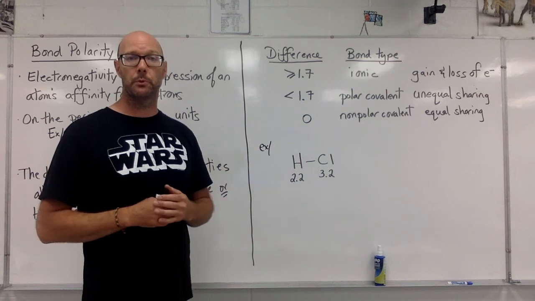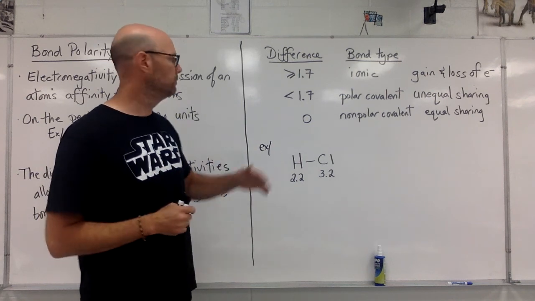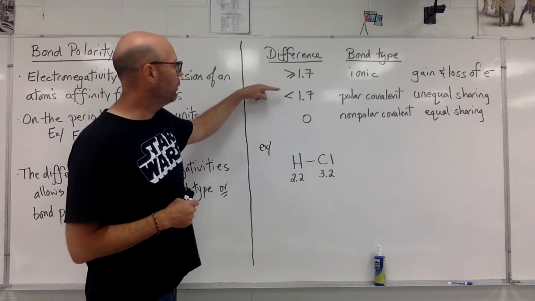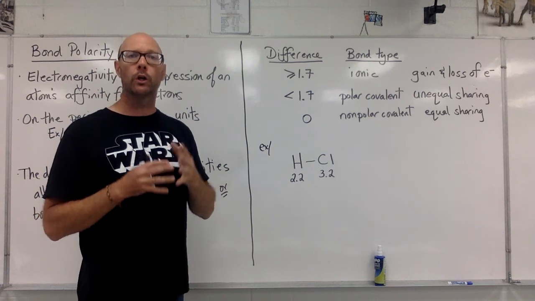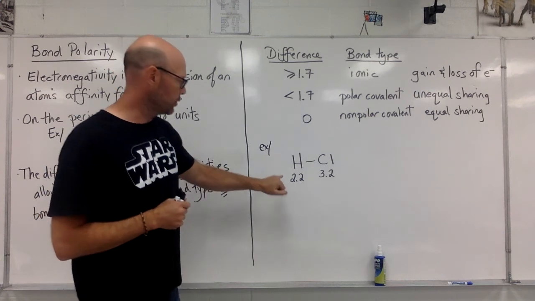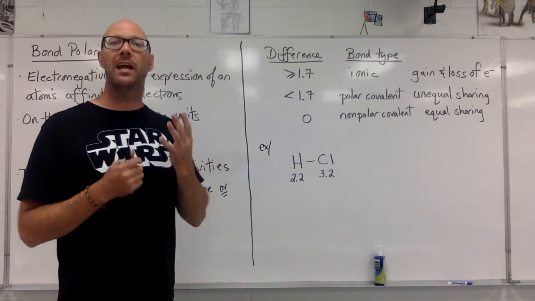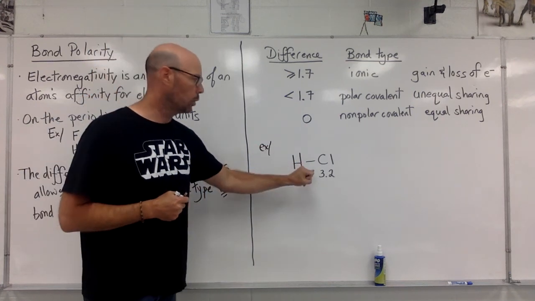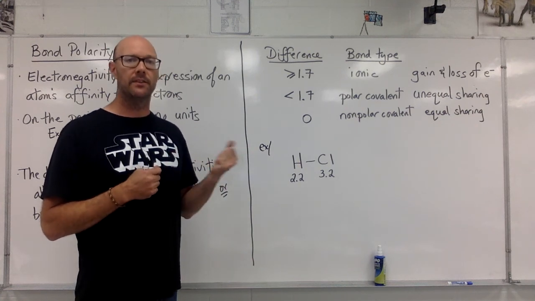So what's the difference between 3.2 and 2.2? The difference is 1. 1's not 0, and 1 is less than 1.7. So we're in this polar covalent situation. Looking at these numbers, which element wants the electrons more? The one with the higher electronegativity. Chlorine is going to be keeping the electrons more often than the hydrogen.